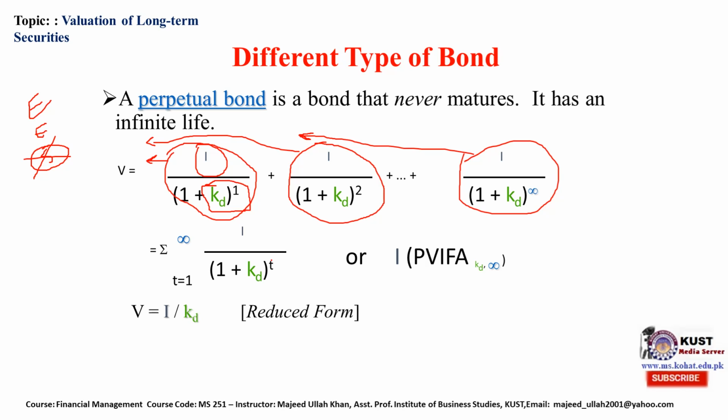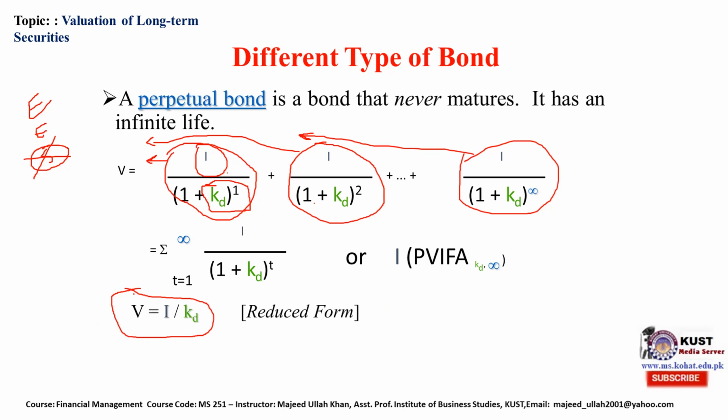If we give t the value 1, it will give this value. If we give t the value 2, it will give this value, and so on to infinity. But in reduced form, the value of a perpetual bond will be interest divided by your required rate of return. That is the reduced form of this whole equation.